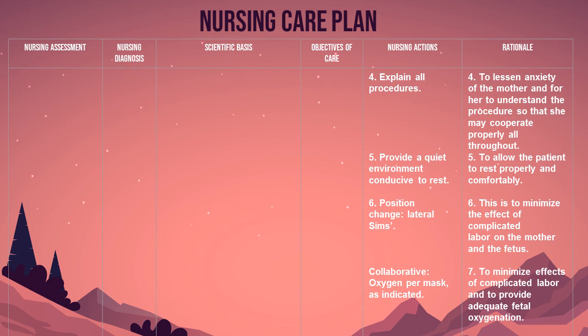Our sixth nursing action is to change position to the lateral Sims position. This is to minimize the effect of complicated labor on the mother and the fetus. Lastly, for our collaborative nursing action, which is the seventh, is oxygen per mask as indicated. This is to minimize effects of complicated labor and to provide adequate fetal oxygenation.